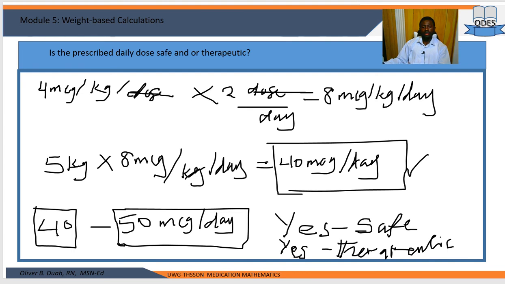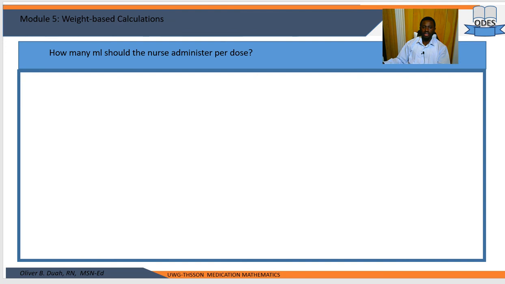Now that we know that our medication is both safe and therapeutic, let's go ahead and see how many mLs we need to administer to the client. So to do this, let's begin once again by calculating our daily dose. We already know that this patient weighs 5 kilograms.